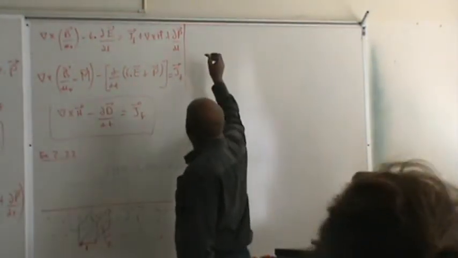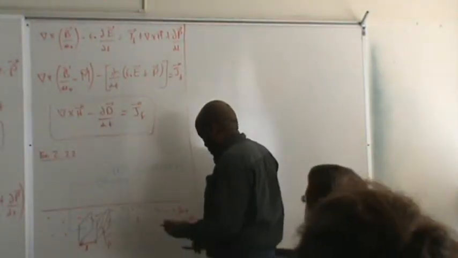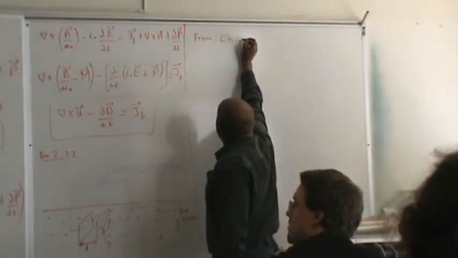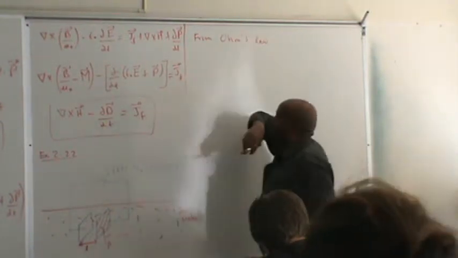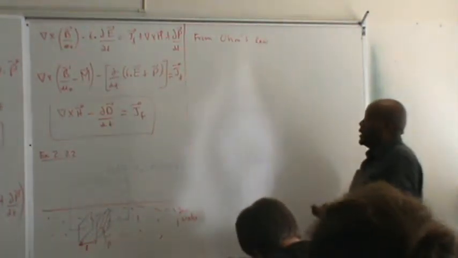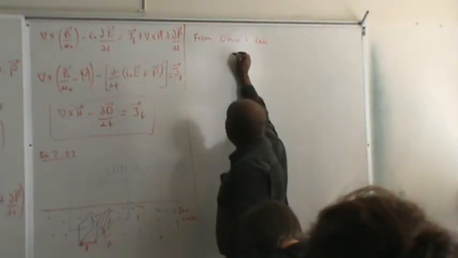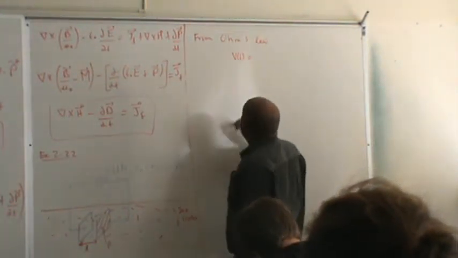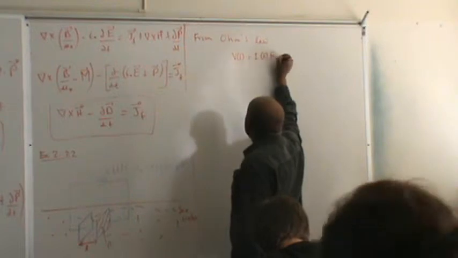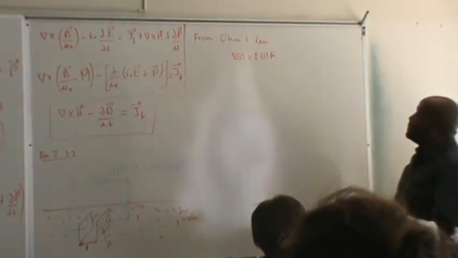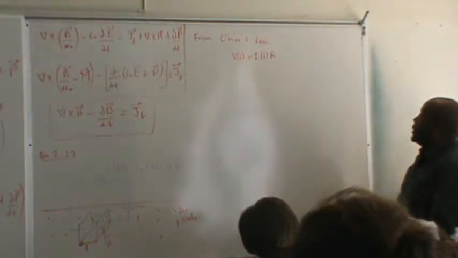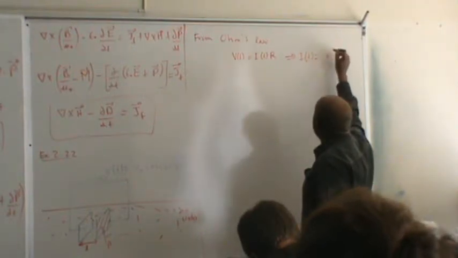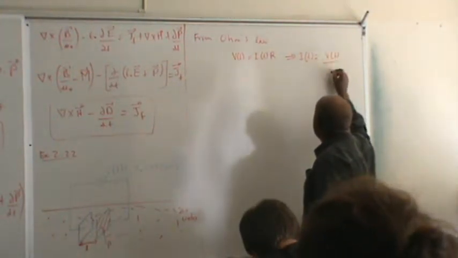From Ohm's law, if it's the conductor, then you can say that the voltage at a given time t equals the current at that time t times the resistance. So the current then is going to be I of t equals V of t over R.